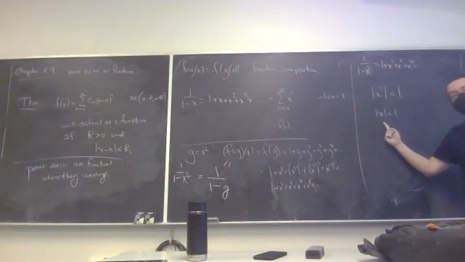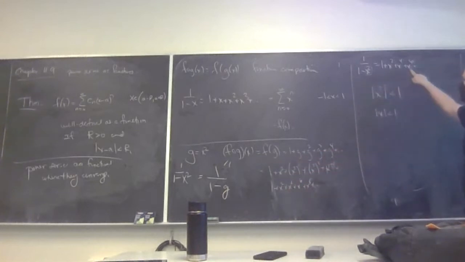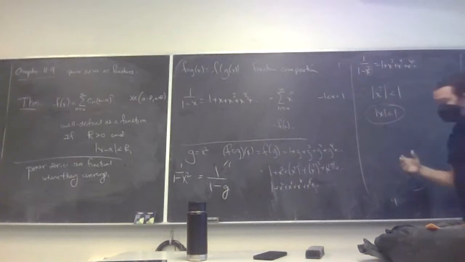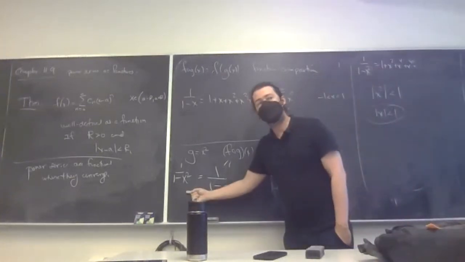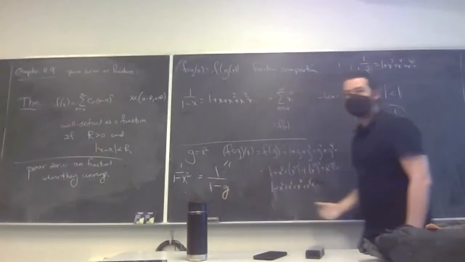I also have to check to see where that formula works. So replacing x with x squared gave us a new power series that has the same interval of convergence that we started with. So the point is, we can algebraically manipulate expressions that look like series we already know to get new series.